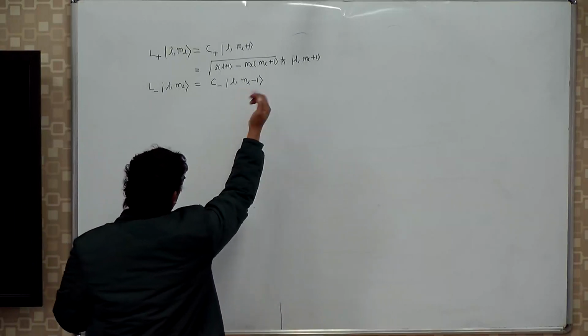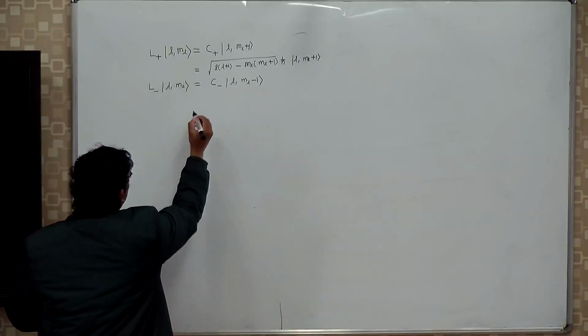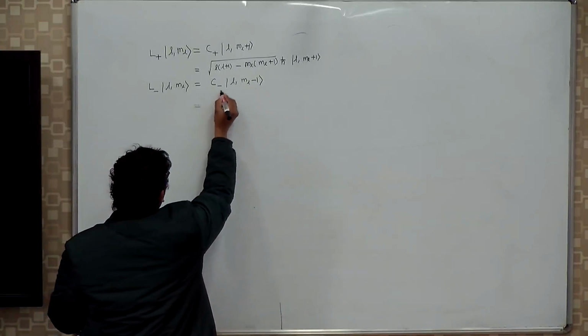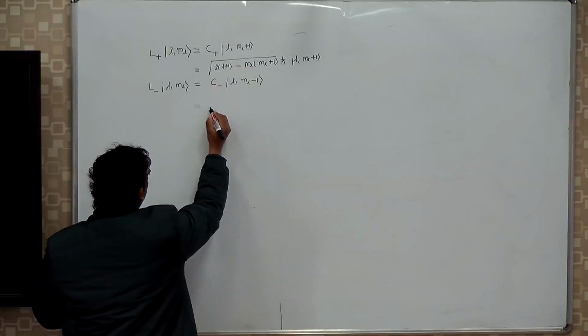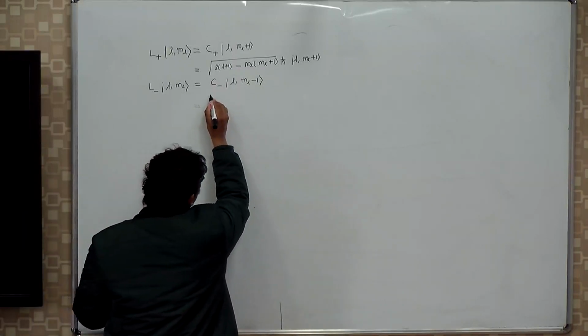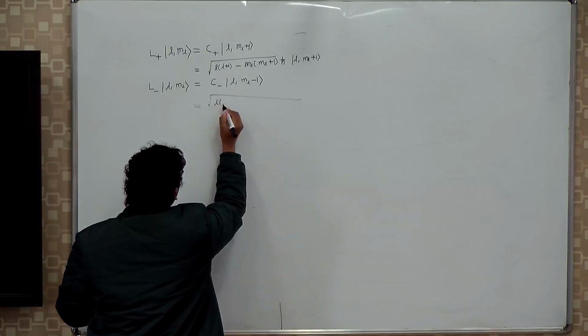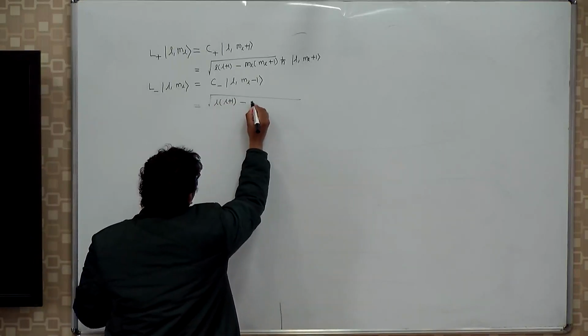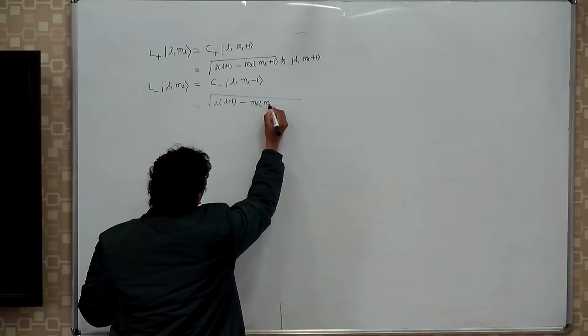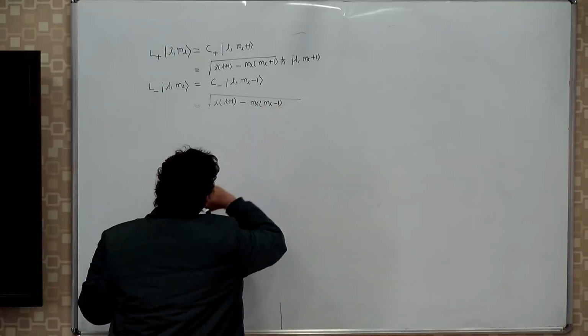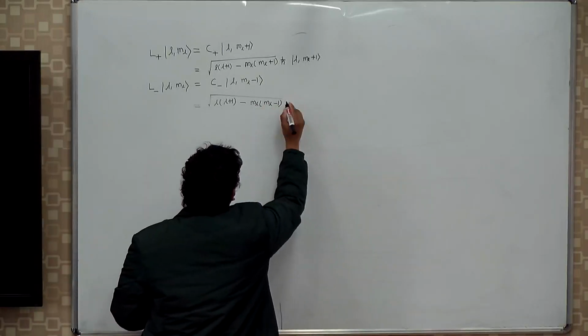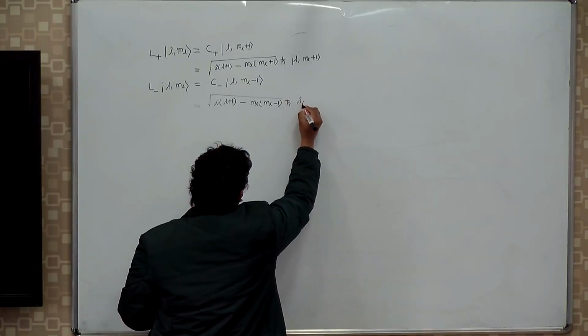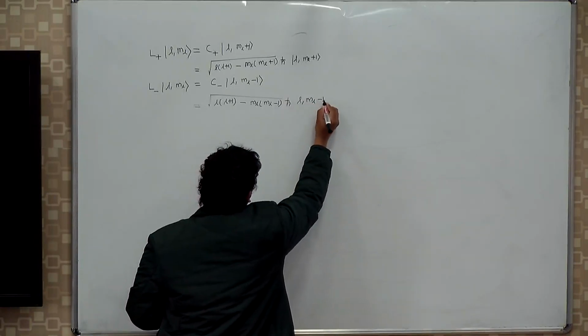The m L lowers by one quantum level. In this case, the probability constant C minus for the lowering operator is nothing but L into L plus 1 minus m L into m L minus 1, h cross L comma m L minus 1.